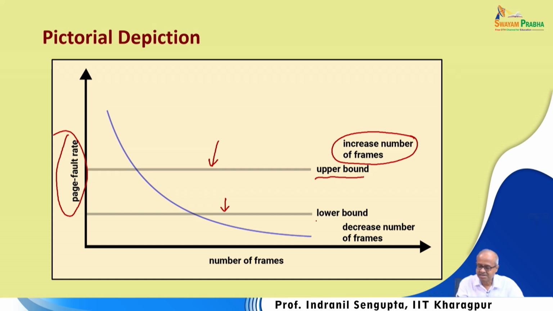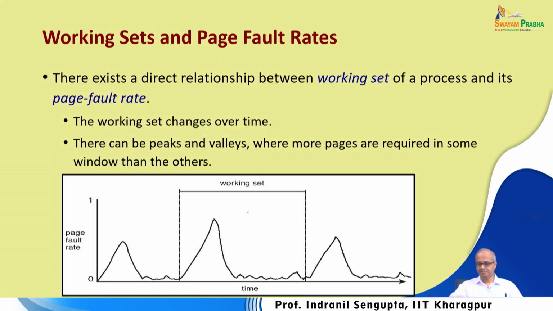But if it is less than the lower bound, then you decrease number of frames. But if it is in between, it is fine, do not do anything, that is the normal range. Okay. So, this is a simple method which works well for most of the operating systems.